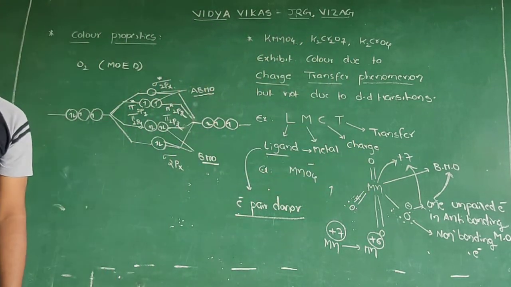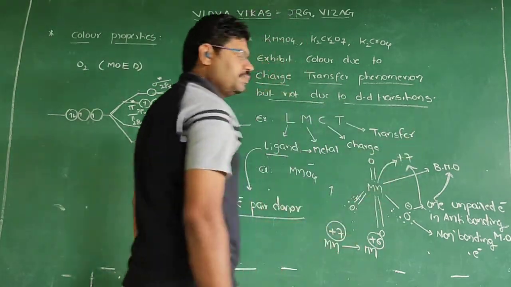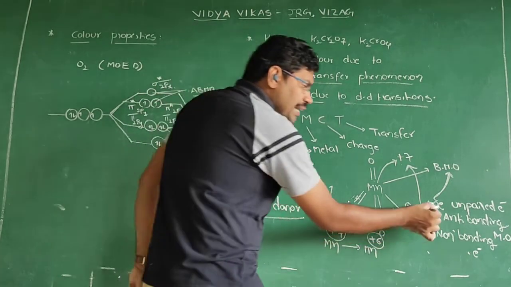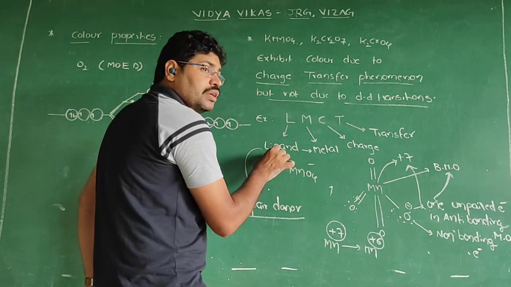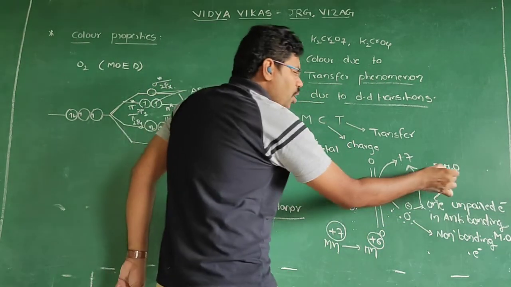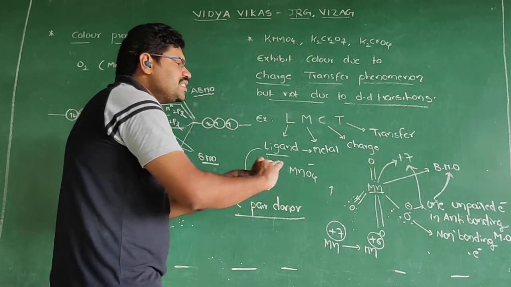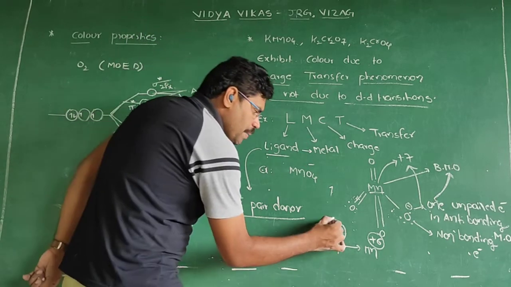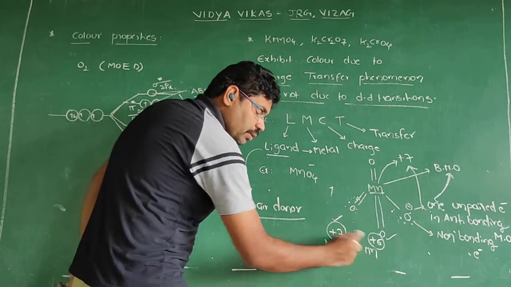So no d-d transition, keep in mind, no d-d transition, only charge transfer. One of the electrons from the anti-bonding molecular orbital of the ligand jumps into the bonding molecular orbital of the metal ion. Only charge is transferred, no d-d transitions. So Mn +7 becomes Mn +6, charge transfer.